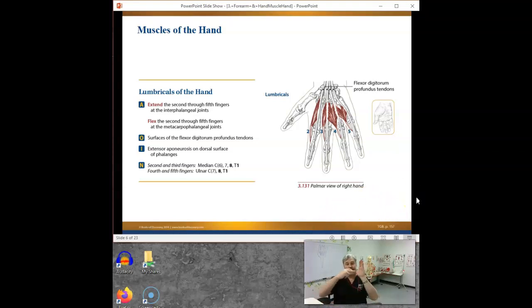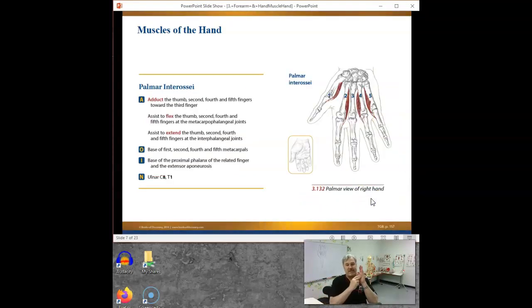So, after we go through the lumbricals, we get to the palmar interossei. These truly are between your metacarpals. And they actually help to pull your fingers together, to adduct them.